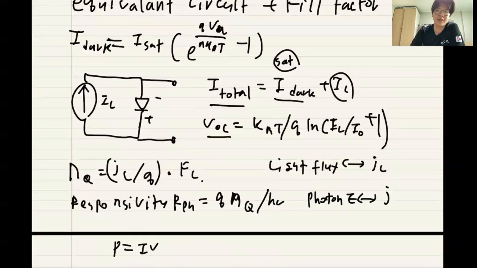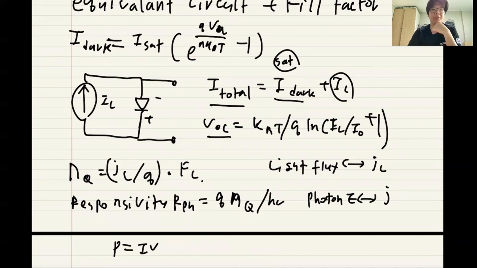And there are two parameters for how efficiently a solar cell can convert to electrical energy. First of all, the quantum efficiency.